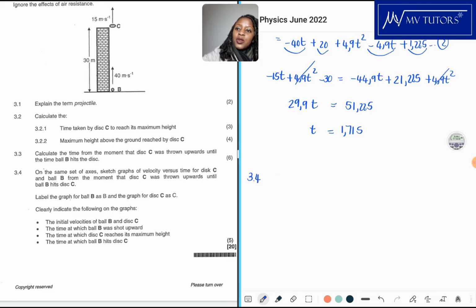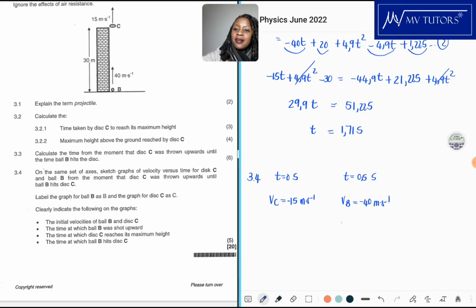At t equals 0 seconds, the velocity for C was negative 15 meters per second, because we've chosen down as positive. At t equals 0.5 seconds, the velocity for B is negative 40 meters per second.